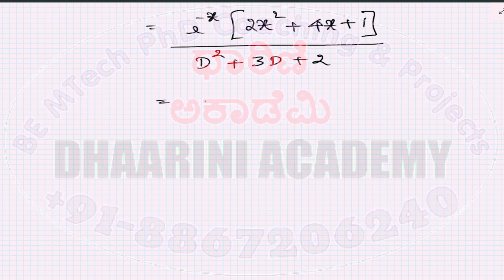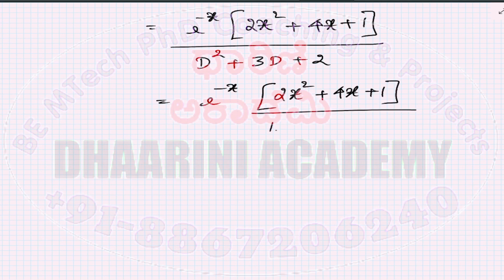I can rewrite this as e to the minus x, we'll separate this because this has been taken care of, then 2x square plus 4x plus 1 whole divided by d square plus 3d plus 2.